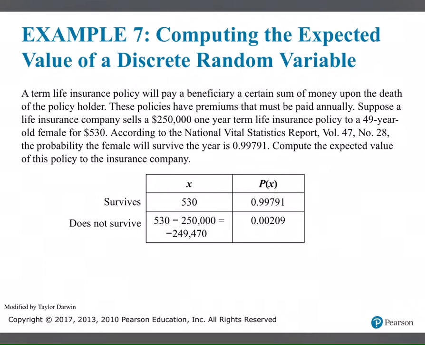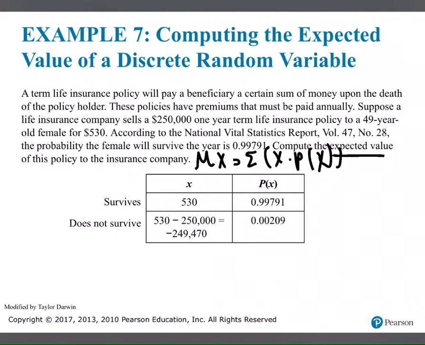According to the National Vital Statistics Report, the probability that the female will survive the year is 0.99719. Compute the expected value of this policy to the insurance company. So we want to know, what does the insurance company expect to make? And when we do expected value, that's still that formula. So we need to find x times p of x.